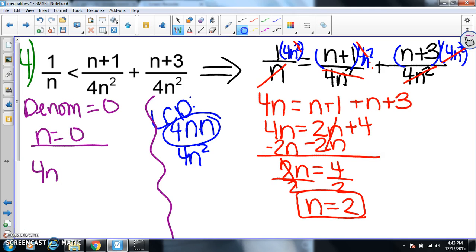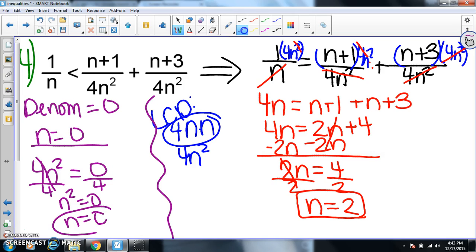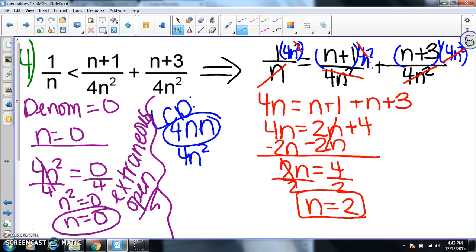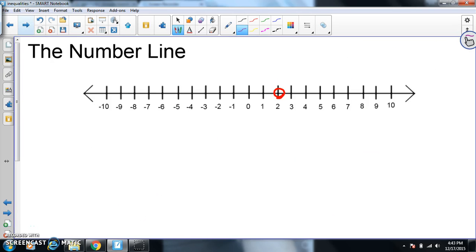I'm going to check 4n squared is equal to 0. Divide by 4, n squared is equal to 0. n is equal to 0 also. So my extraneous solution is n is equal to 0. Since these are extraneous, I know that I have to have an open circle on my number line. So at 0, I'm going to put an open circle on my number line.